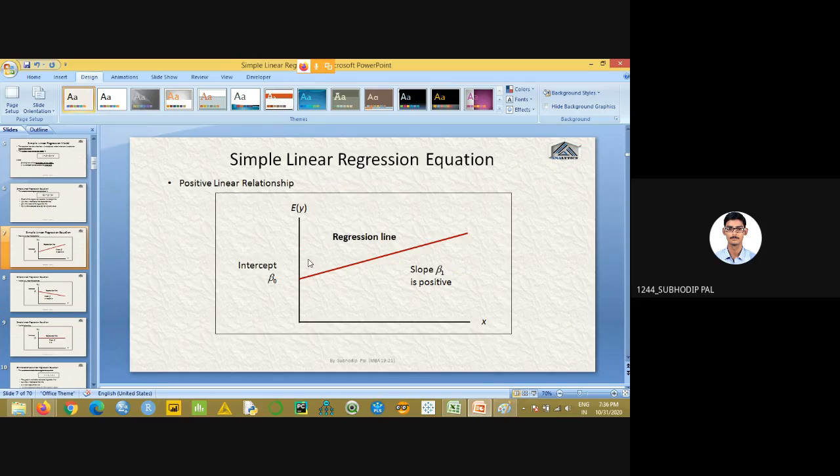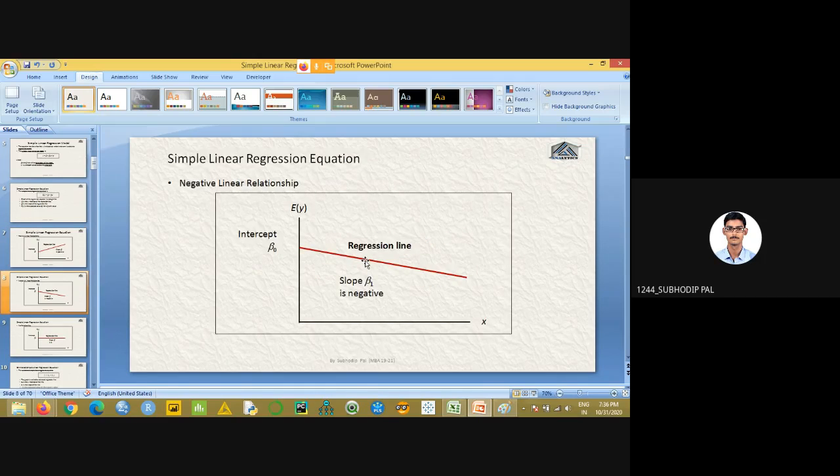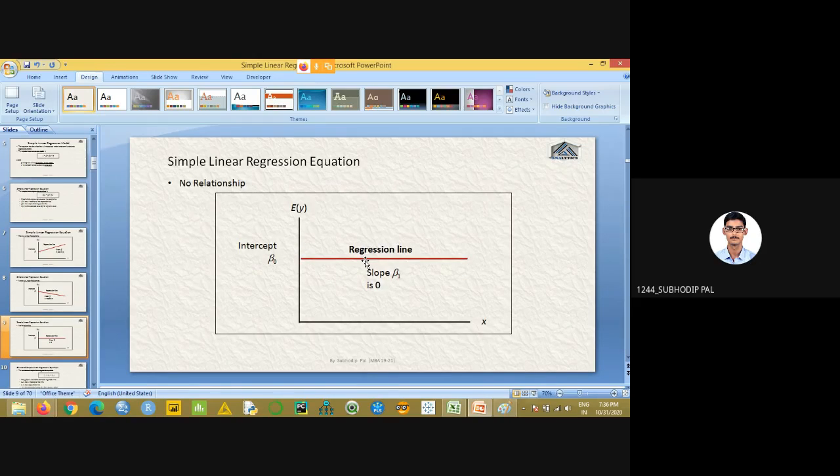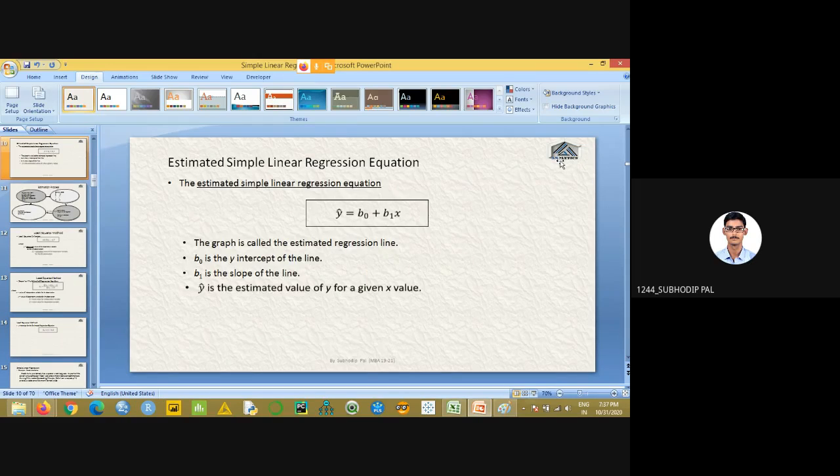It is similar to positive correlation, negative correlation, and zero correlation. Any doubt, anyone? No doubt, right?